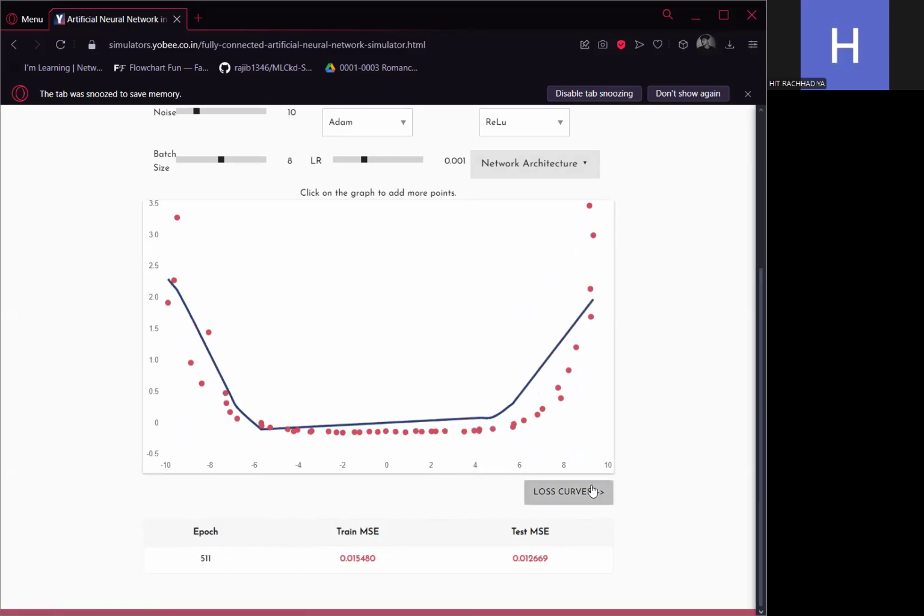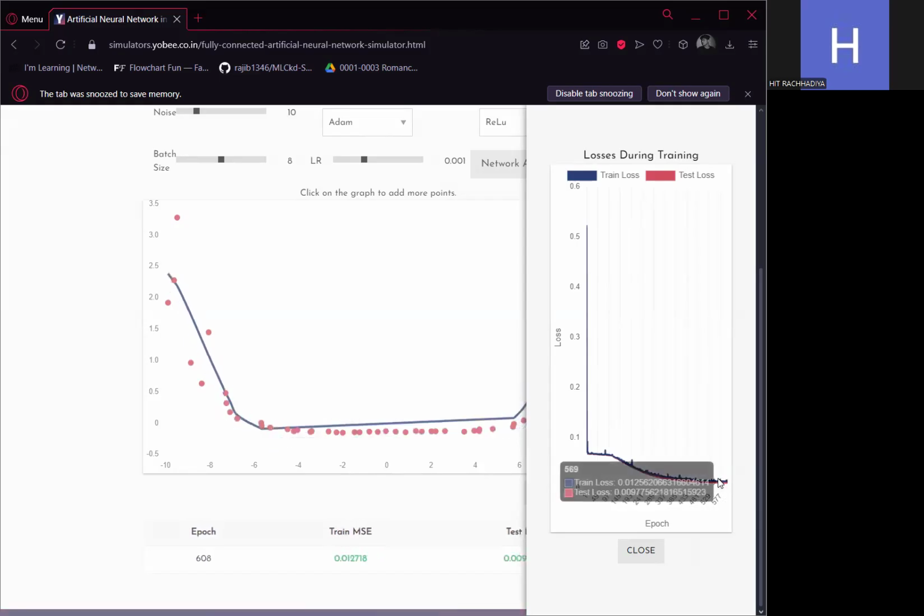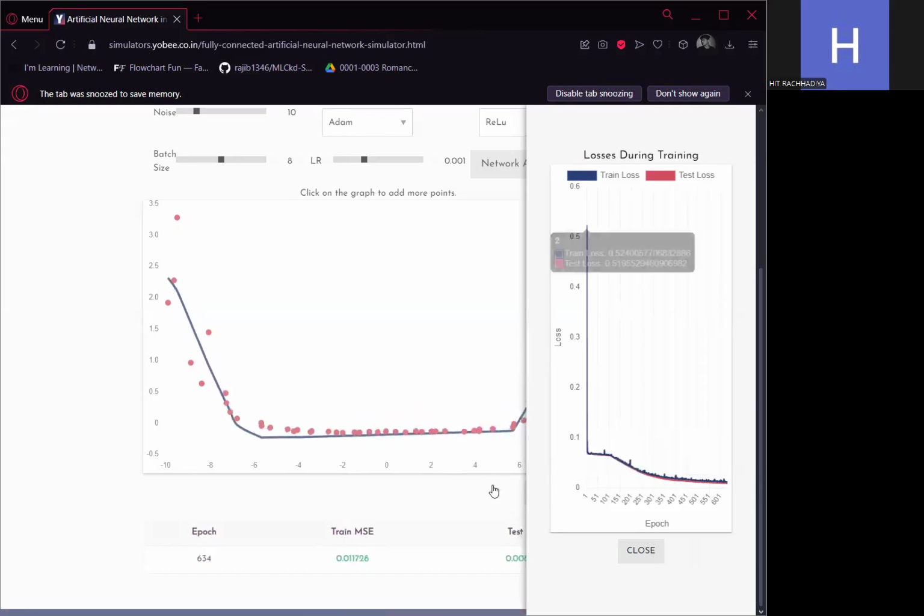When the epochs increase, we get a good best fit line, which gives us low error between the predicted value and the original. So as the epochs gradually increase, we can see the error becoming more and more less.